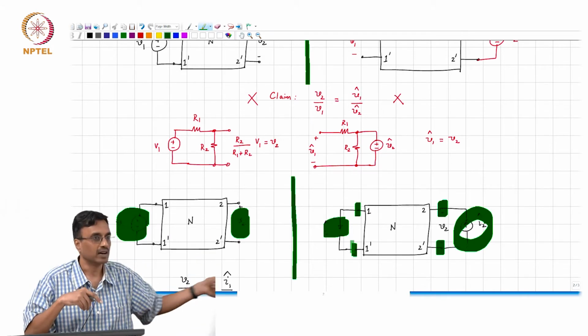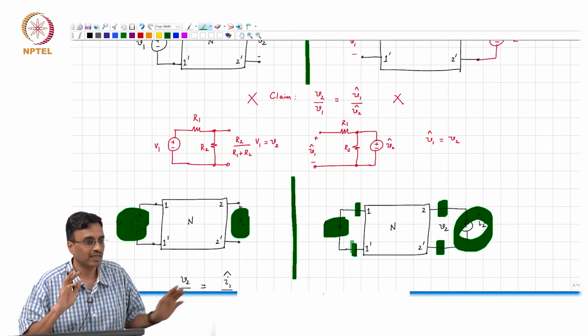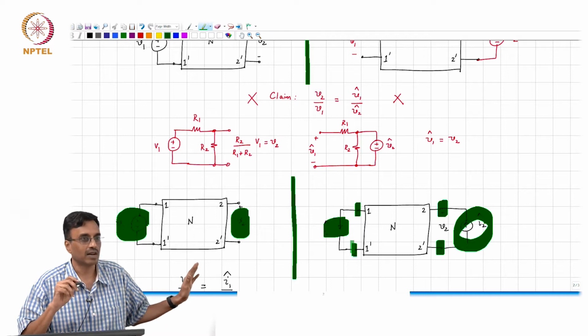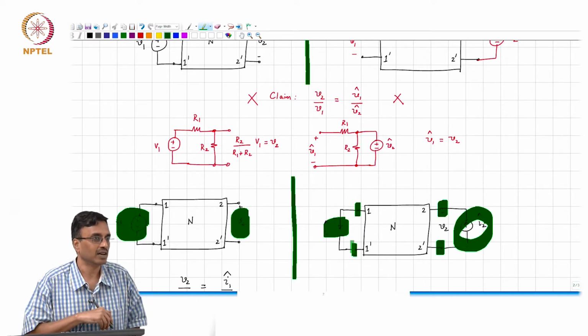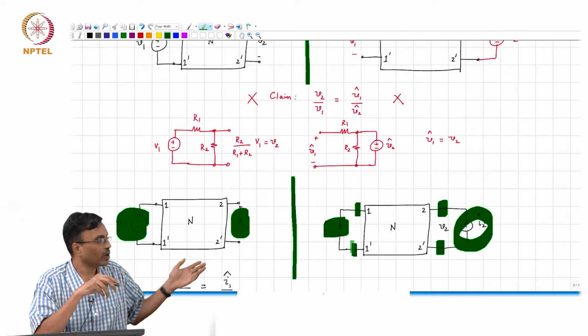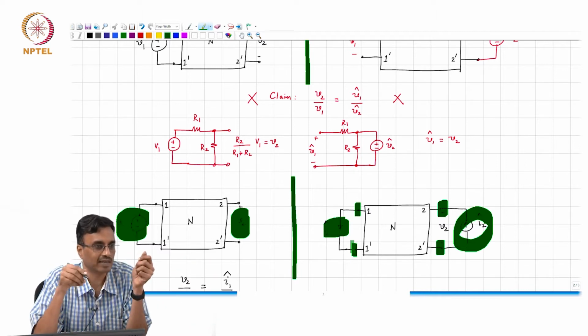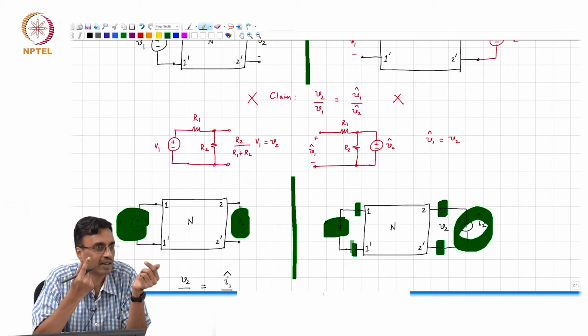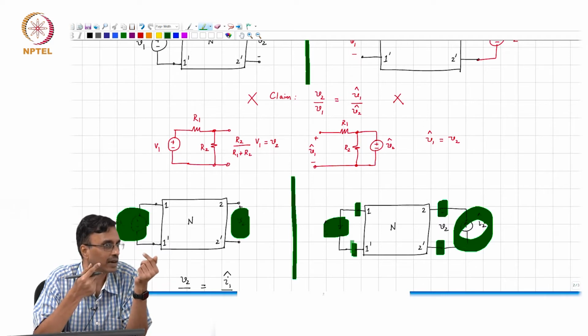Current flows downwards. This is not rigorous by any means, but it is some kind of mnemonic which will prevent you from making errors, because you don't want to sit and write Tellegen's theorem every time you want to find out whether the sign of this is positive or negative.